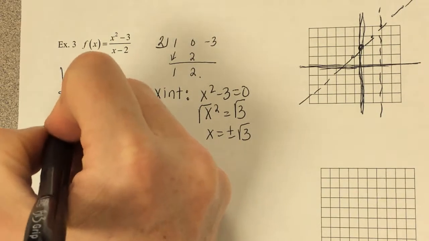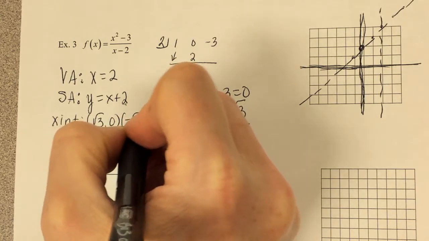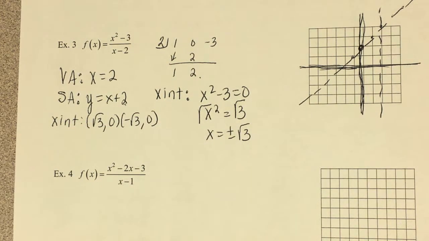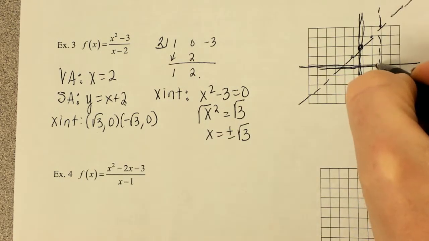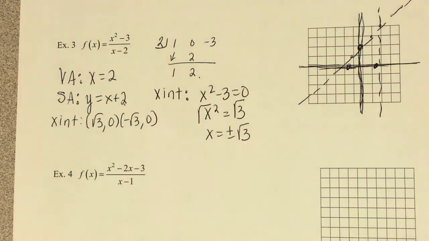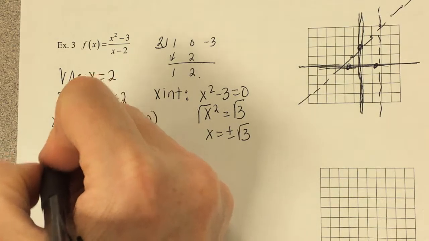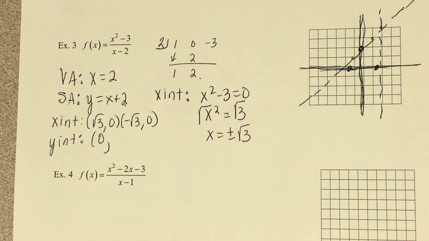Those are going to be the x-intercepts. Anybody know what radical 3 is as a decimal approximately? Drew? Yep, it's about 1.7. So I'm going to put those in here. So I have 1.7 is about right there. Negative 1.7 would be right about here. Let's go ahead and find the y-intercept. Plug in 0 for x. Jake, what do I get for the y-intercept then?